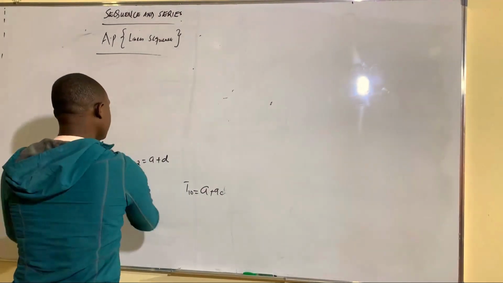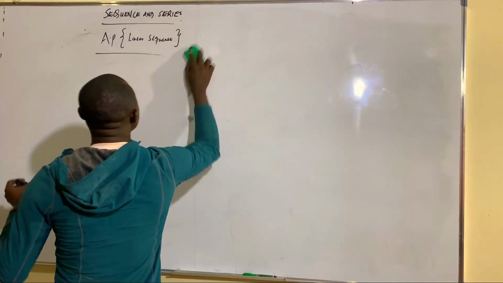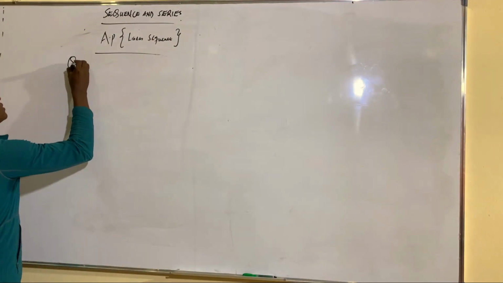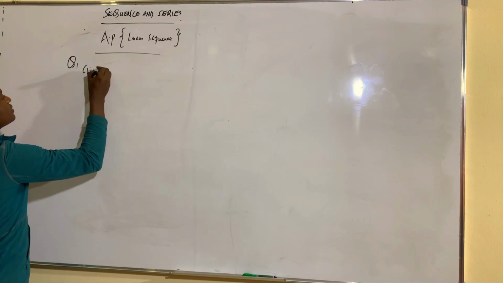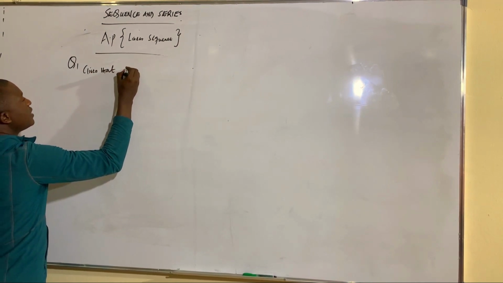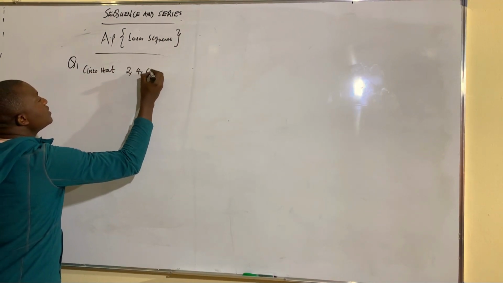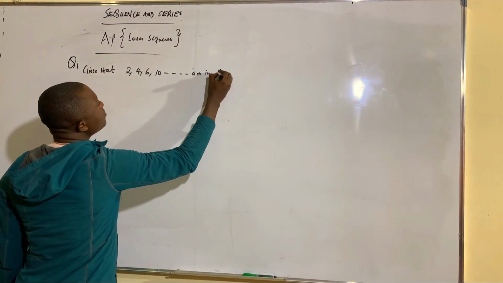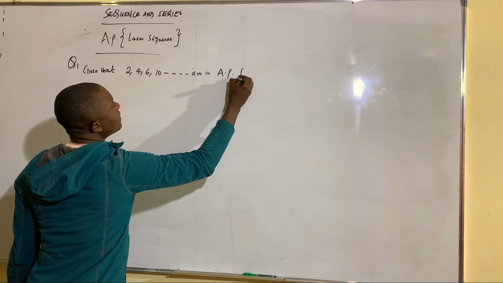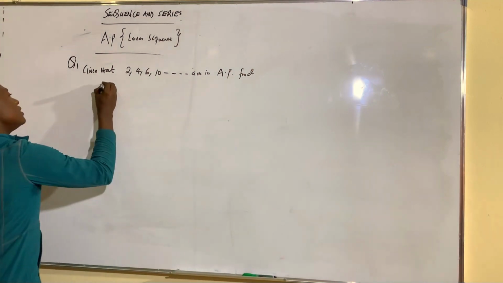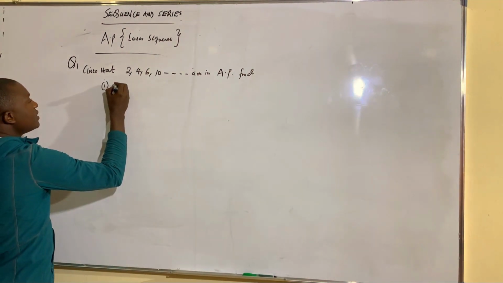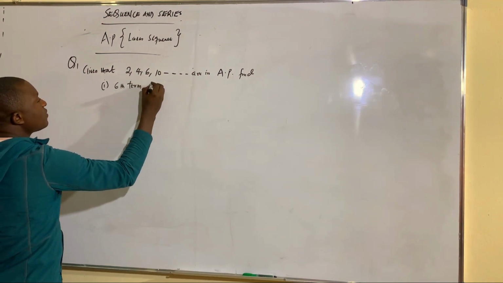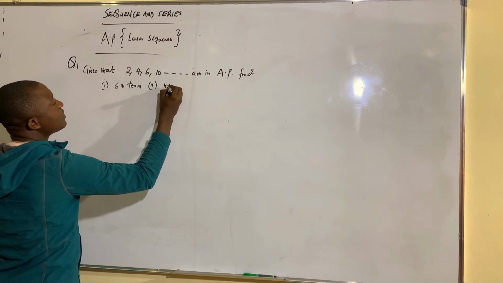Let's solve some problems, so you can see how we can make use of the formula. Example 1: given that 2, 4, 6, 8 are in AP, find, in Roman numeral 1, the 6th term, and in Roman numeral 2, the 10th term.